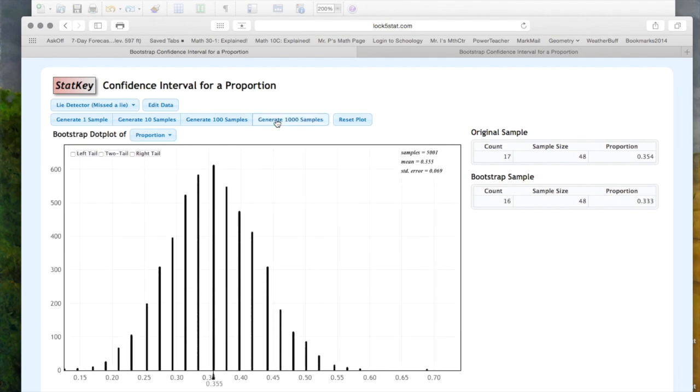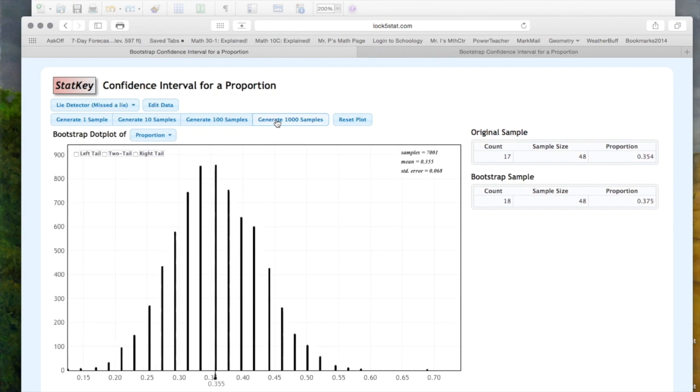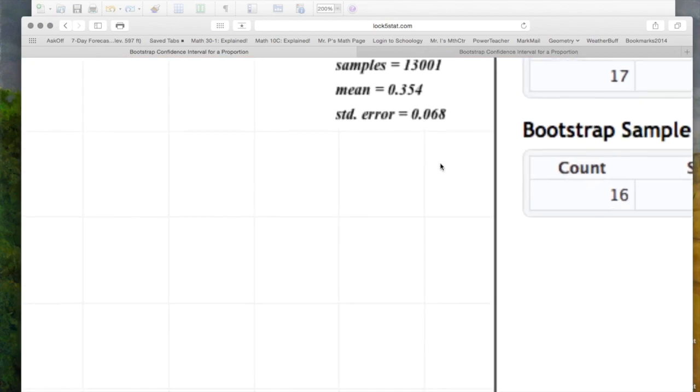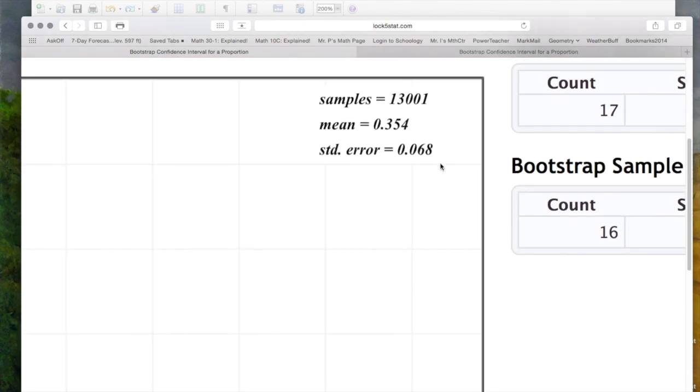And actually take a look at, this time I'll quit around 10,000. Basically, I'm quitting when I don't see much movement in these numbers here. And it doesn't seem like adding more bootstrap samples changes these numbers all that much. So these are the numbers that we're actually after.